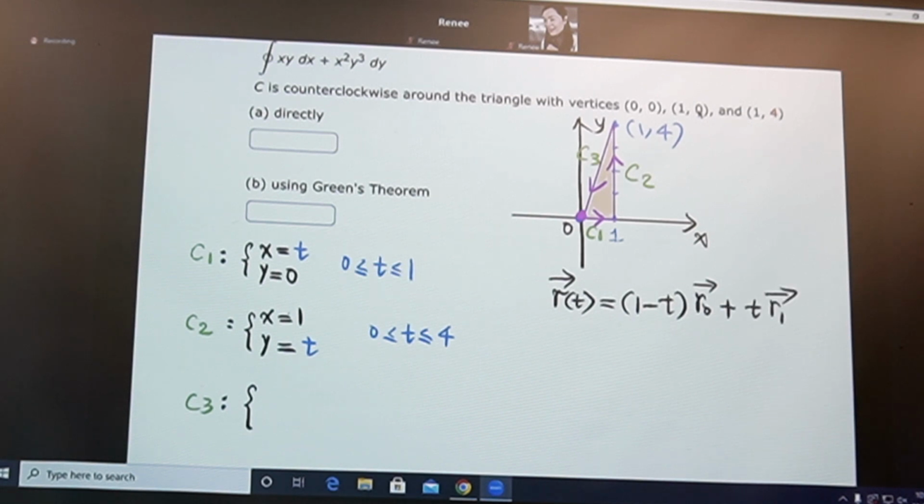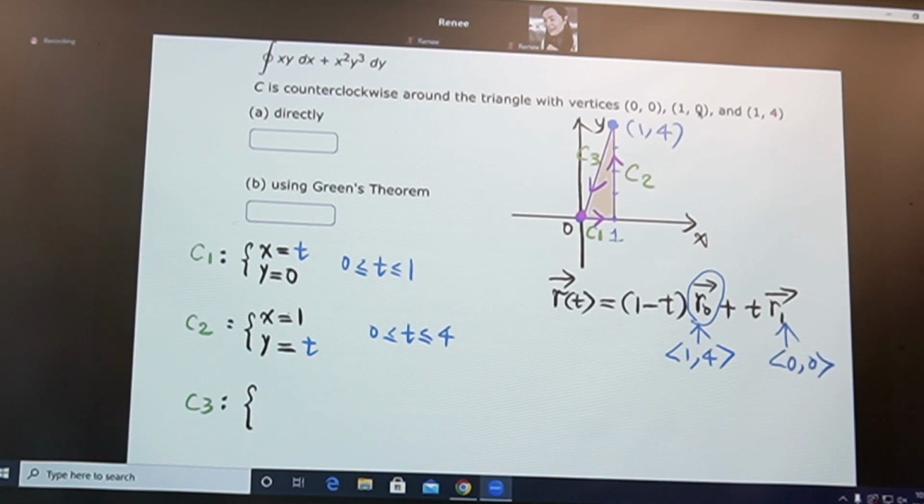So in this case, what is r0? You are starting here, that's the starting point, and that one is (1, 4). And what's r1? This is the ending one. You end over here, (0, 0).